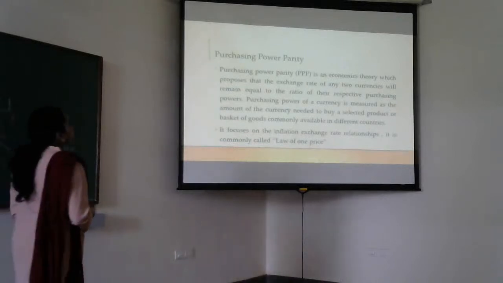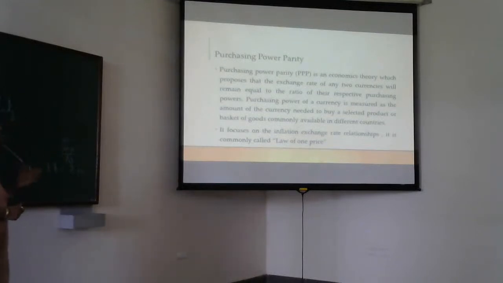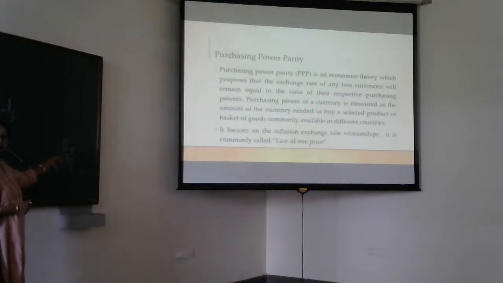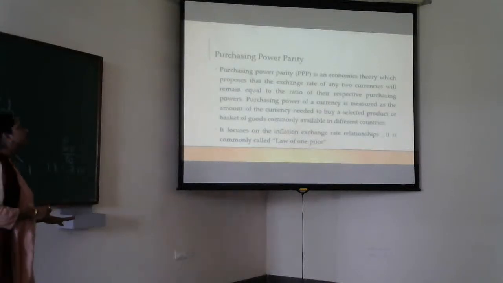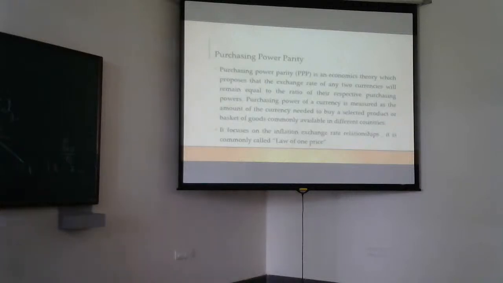Now see, this is the same thing we are talking about here. It is an economic theory which proposes that the exchange rate of any two currencies will remain equal to the ratio of their respective purchasing power. So this is what I have done: I have taken the ratio of their purchasing power. Purchasing power of a currency is measured as the amount of currency needed to buy a selected product or basket of goods commonly available in two countries.